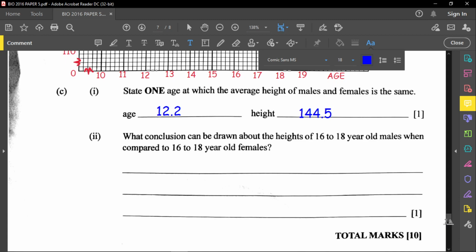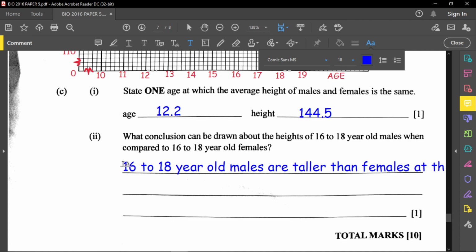So I can simply say right here that 16 to 18-year-old males are taller than females at the same age, okay? That could be a conclusion.